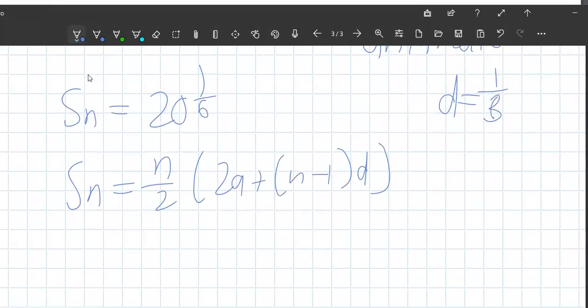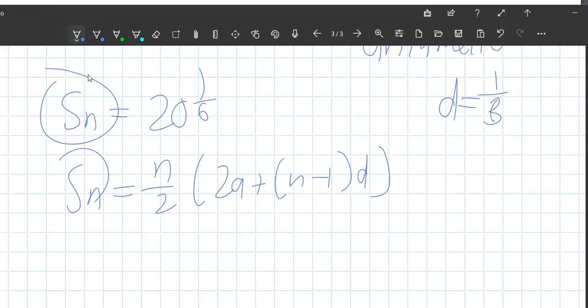And we don't know n, but we do know Sn, therefore we can sub in 20 and 1/6 where the Sn is. 20 and 1/6, obviously not to be confused with 20 times 1/6. This is 20 plus 1/6. So we should put that in improper fraction, which is 121 over 6.